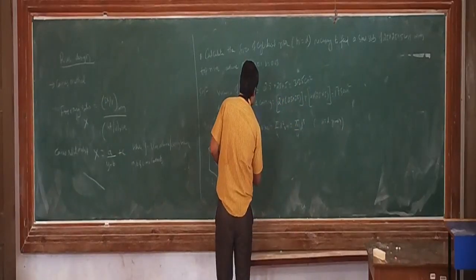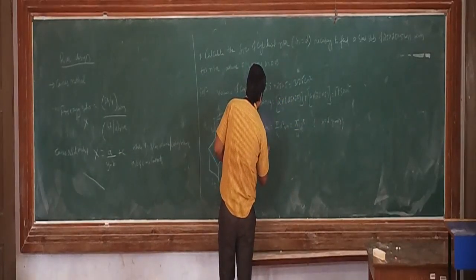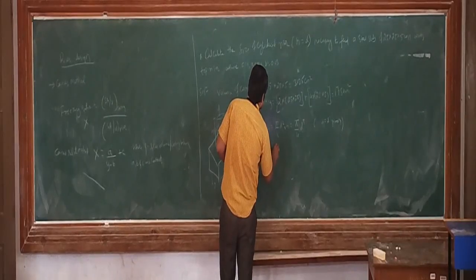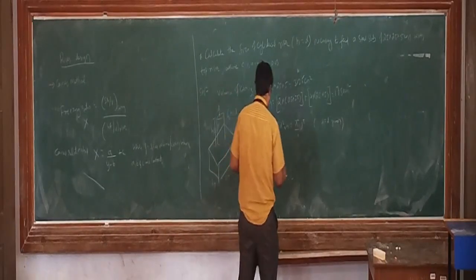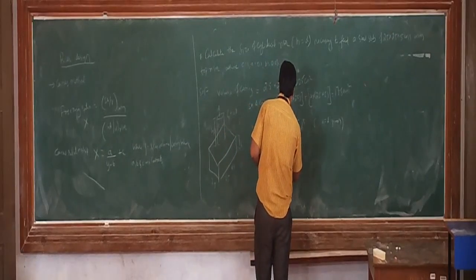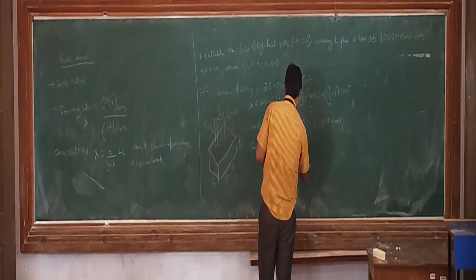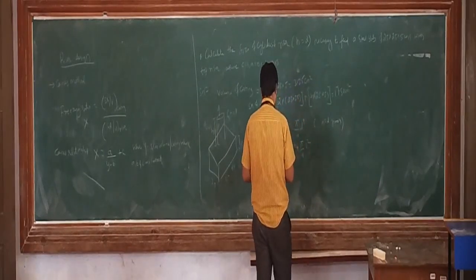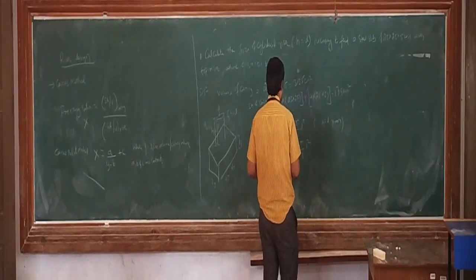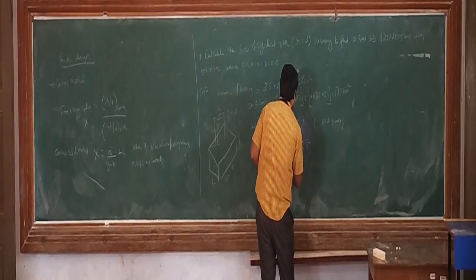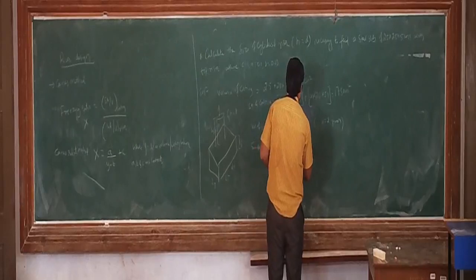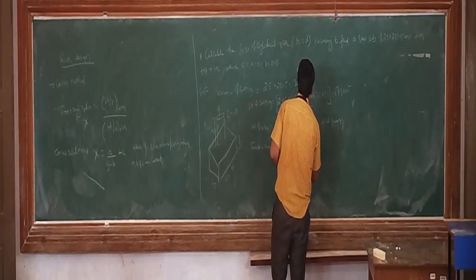Surface area of the riser is pi d into h plus pi by 4 d square.